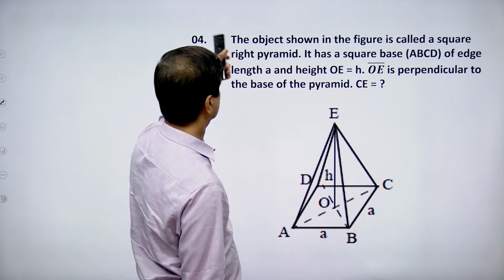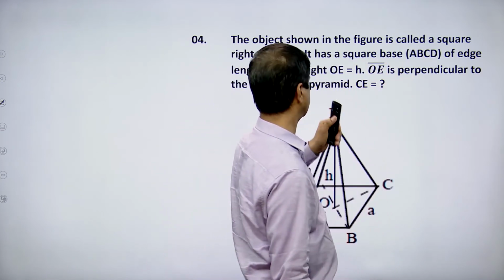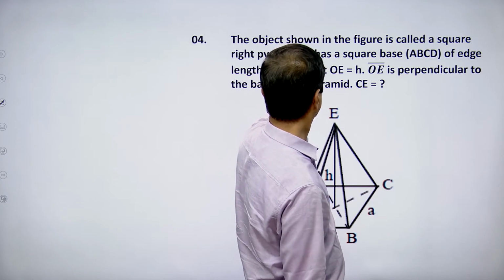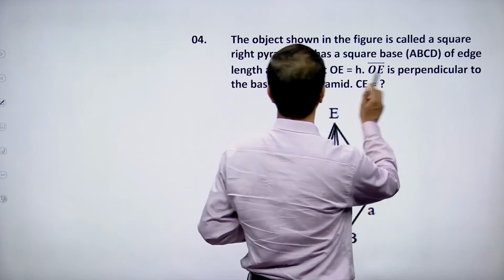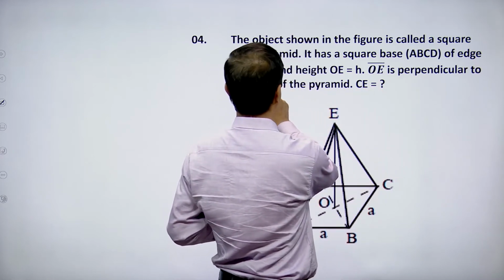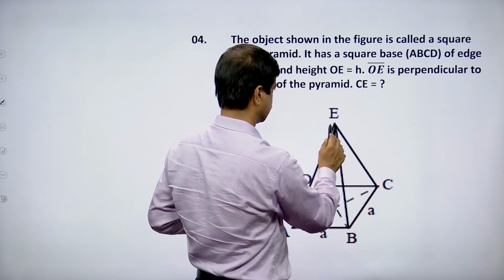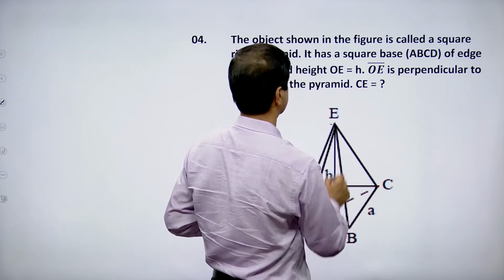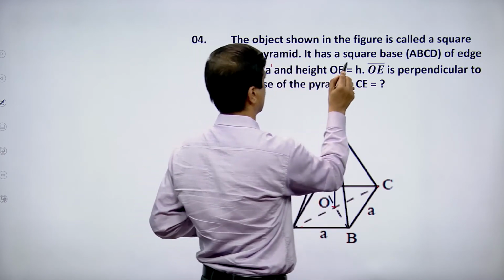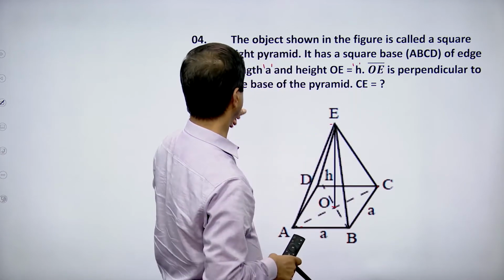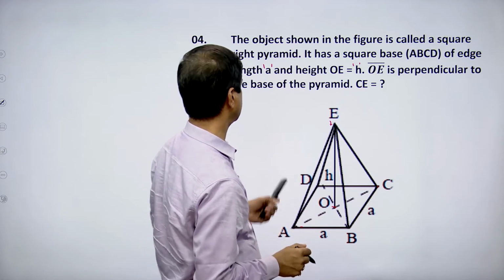So what is that? The object shown in the figure is called a square right pyramid, not prism. It has a square base ABCD, that is what we said, square base ABCD of edge length A. So this is length A and height OE, this is the height from here to here, height is H. Okay, OE is perpendicular to the base of the pyramid.